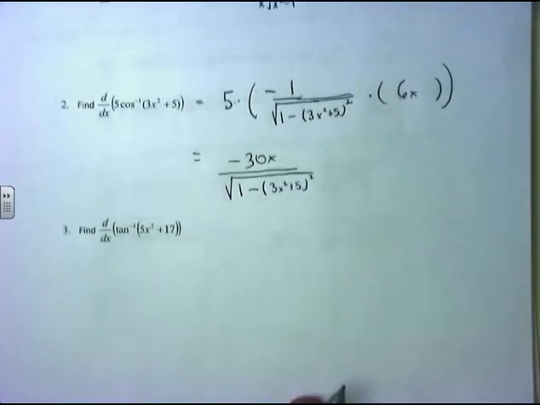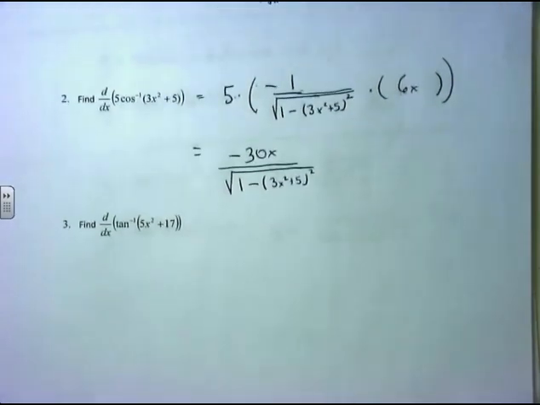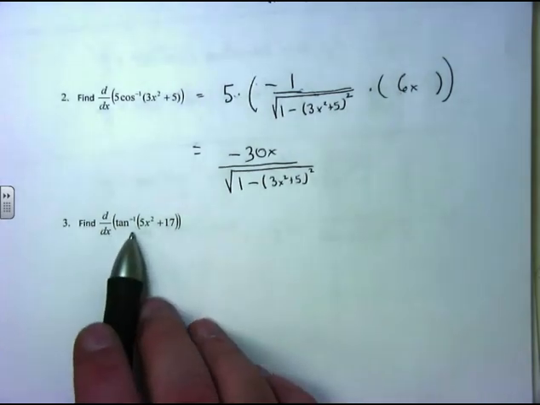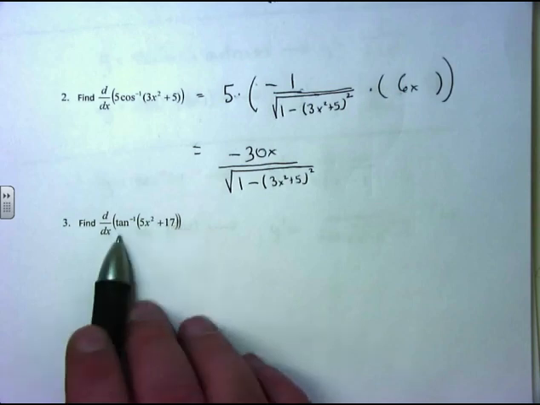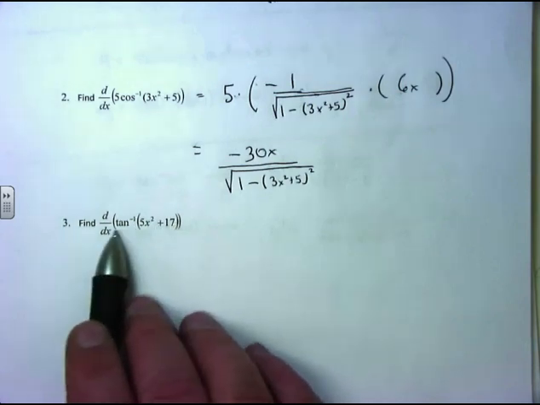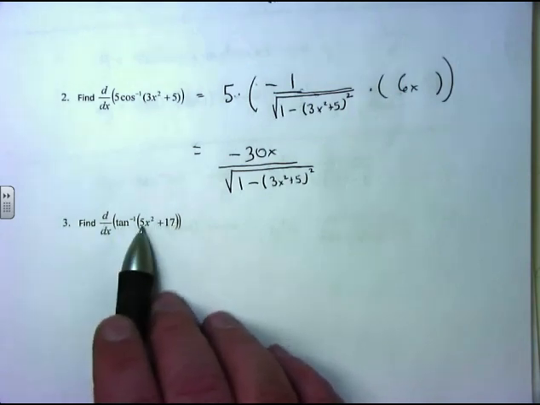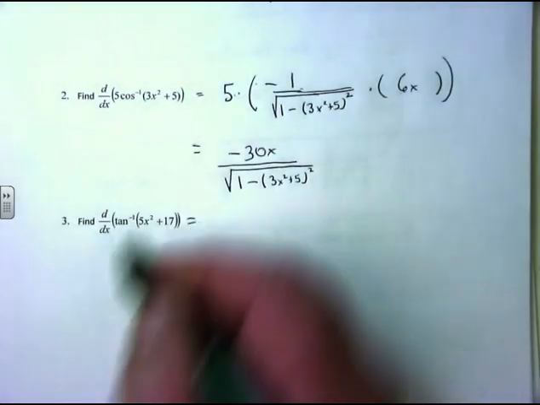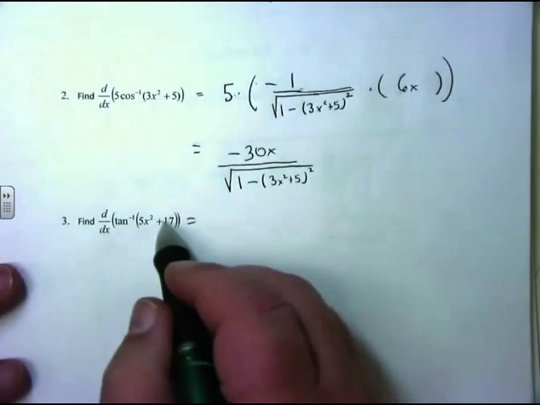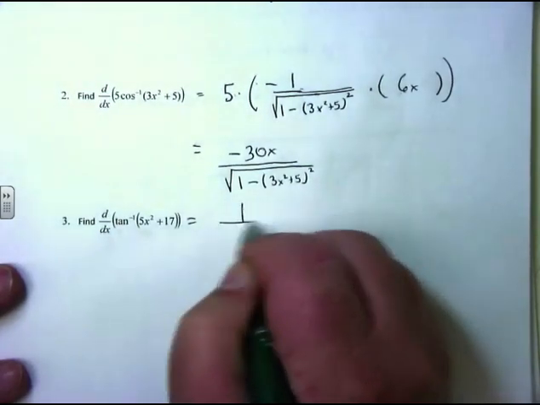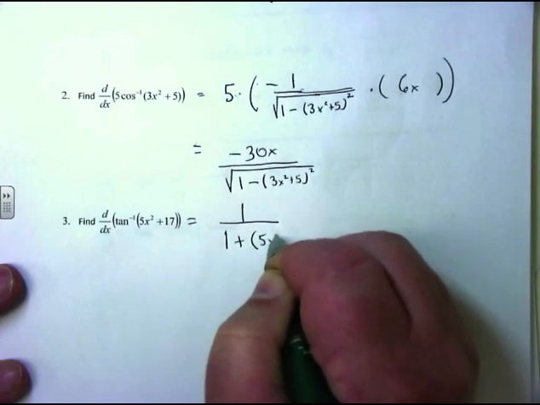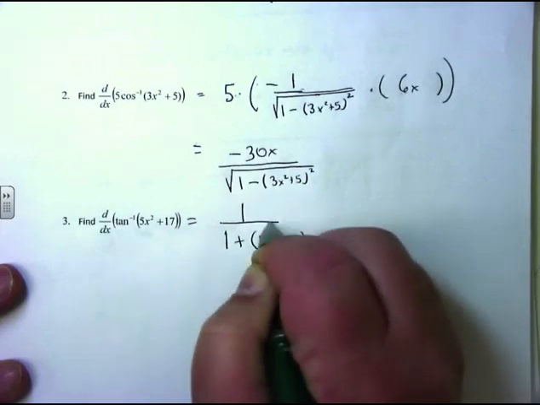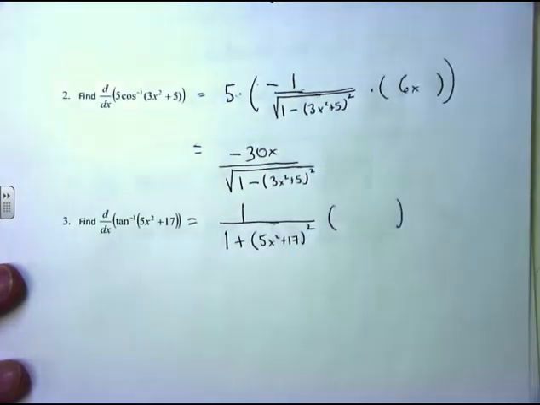And let's do one more of these guys. The derivative of the tangent inverse of 5x squared plus 17. Again, it's the tangent inverse of a function. If it were taking the derivative of just a tangent inverse of x, the formula is 1 over 1 plus x squared. But we have a function here, so my derivative of tangent inverse of a function is 1 divided by 1 plus the function, which is 5x squared plus 17 squared, times the derivative of the inside.